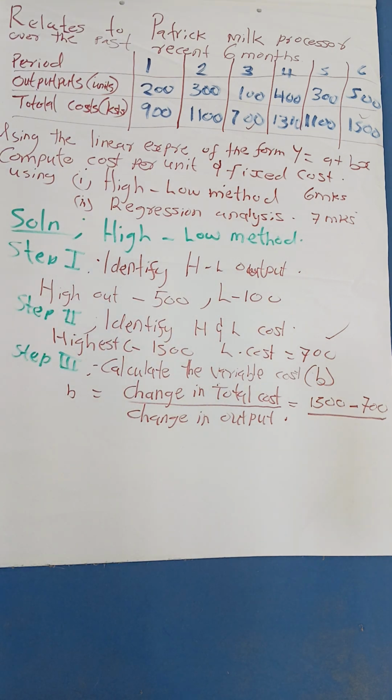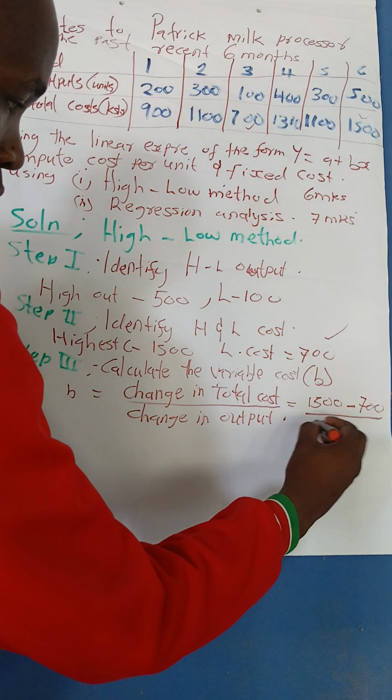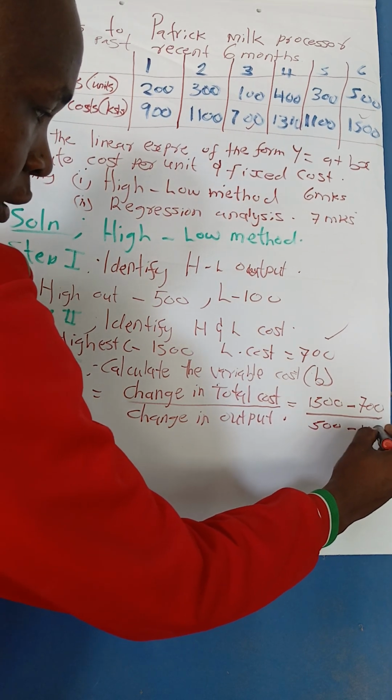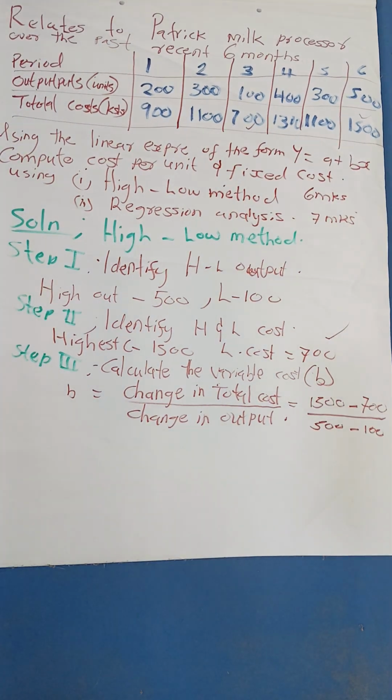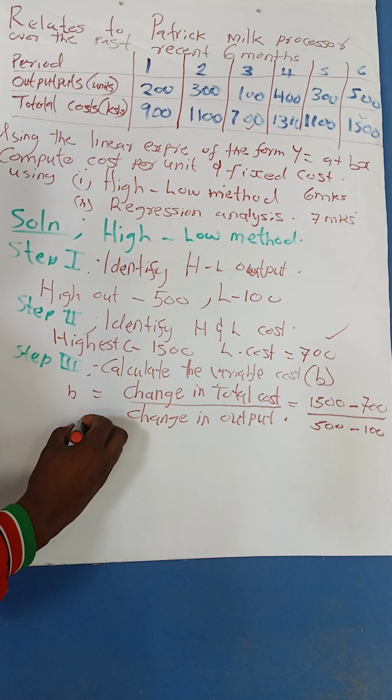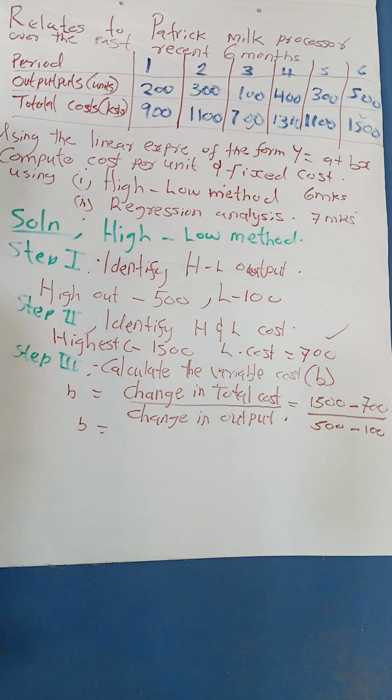The highest output was 500, and the lowest was 100. Good. So if you do that, you'll have b equals 1500 minus 700. You'll have 800.